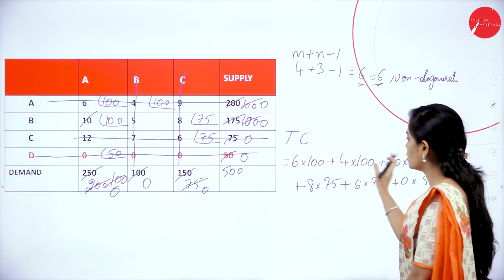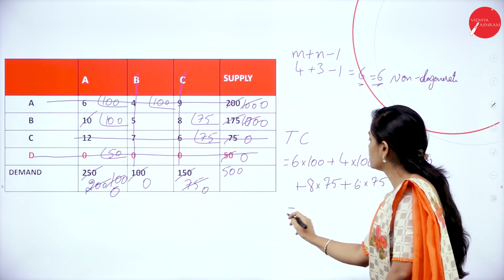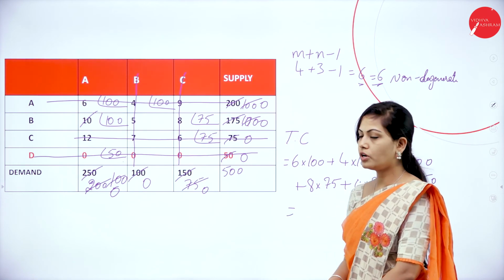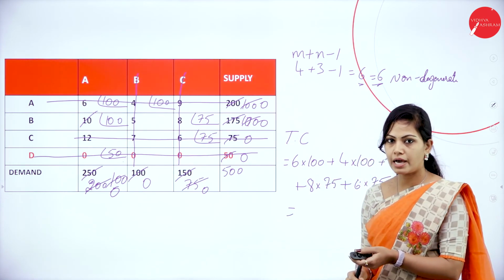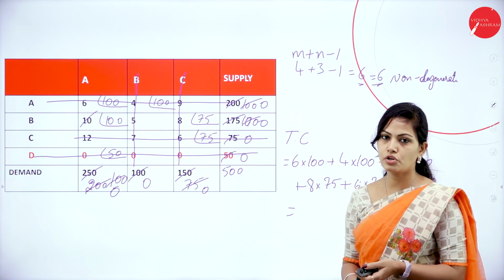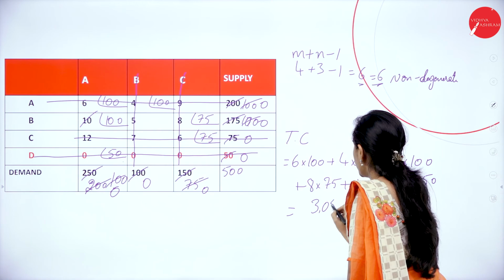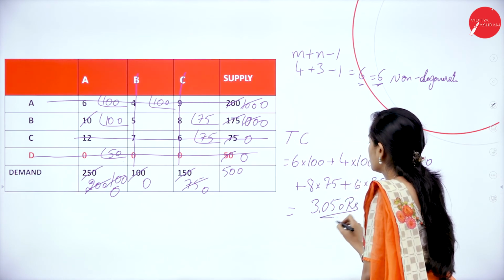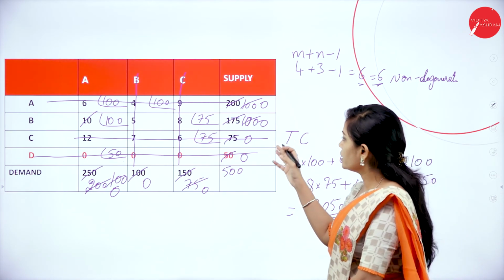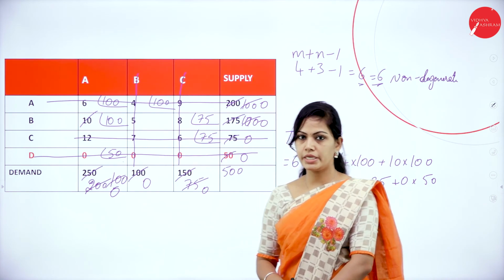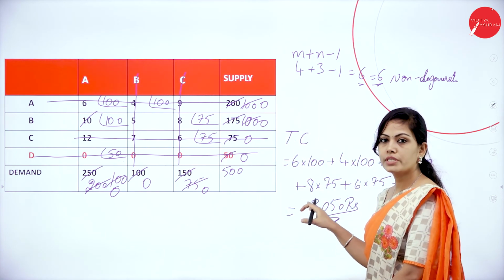So except this, you can add all these values. So what is the total transportation cost? Add all the values, you will get the total transportation cost. So total transportation cost is 3050 rupees. So here, using this least cost method, we got 3050 rupees.